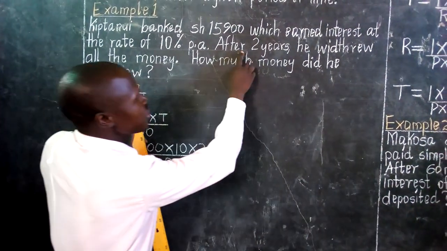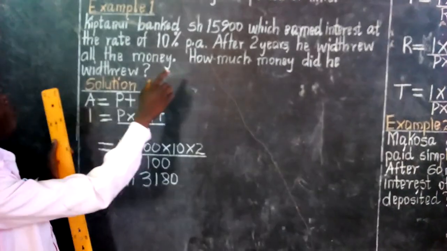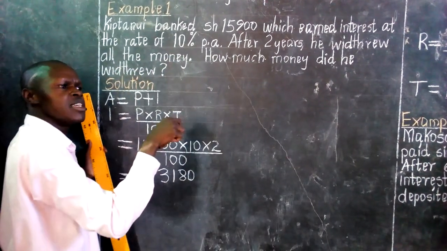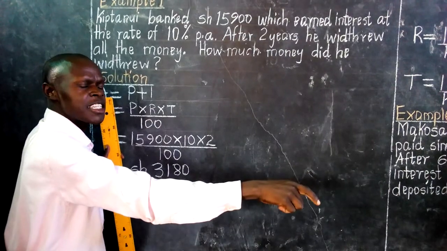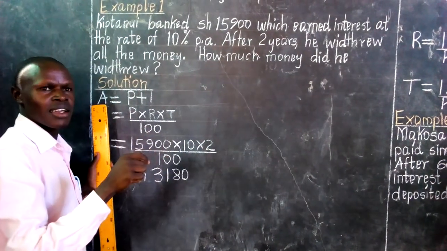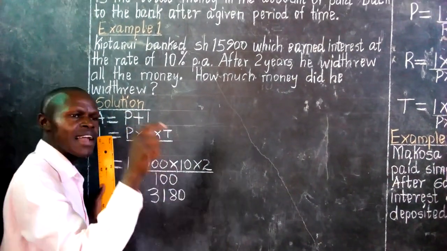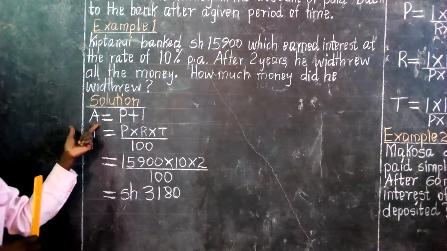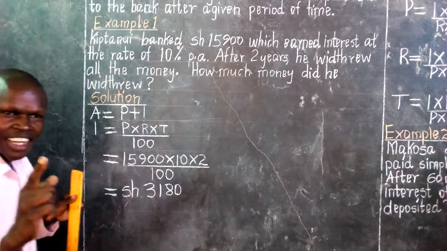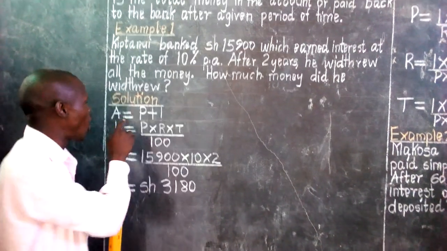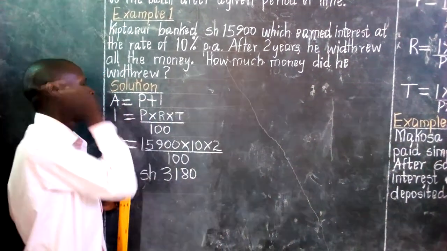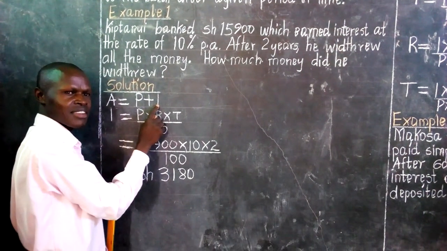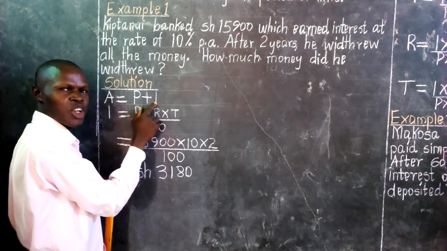The question is, he withdrew all the money. That means what was deposited plus the interest. The formula for amount, we have it here. What did the teacher say about the formula for amount? We say principal plus interest. Can you repeat that one?